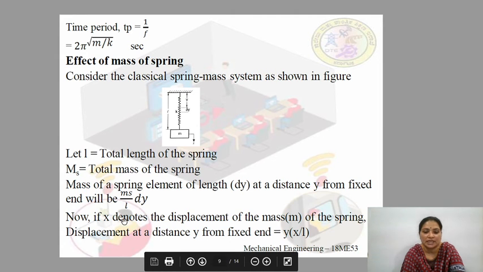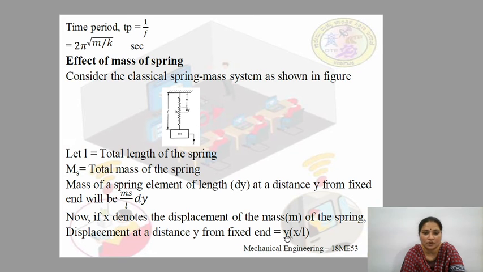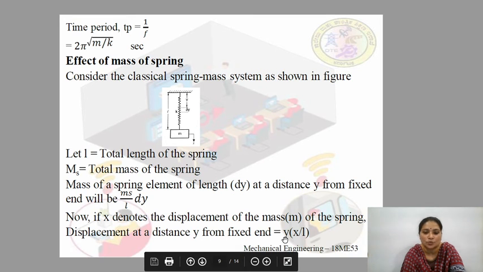So therefore, x denotes the displacement of the mass m. Then the displacement at a distance y from the fixed end will be y into x by L. So that is the displacement for a total length of L at a distance y, which is nothing but x by L of this y.